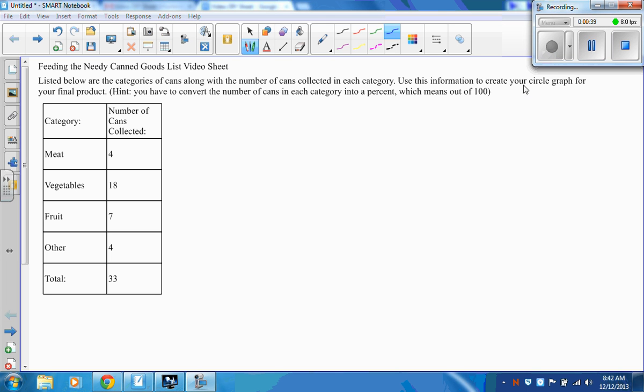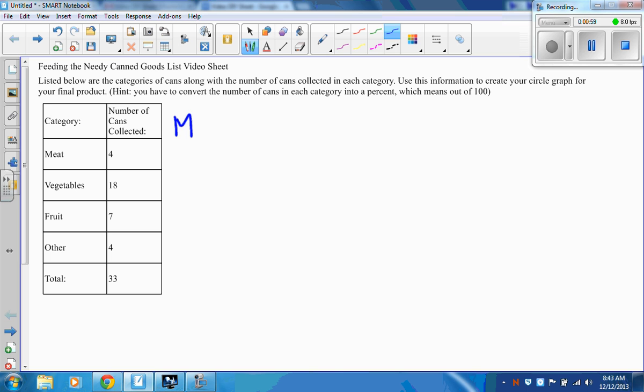In the example, we're going to say that we collected 4 cans of meat out of all of the total cans. So when you're finding the percent of how many cans 4 is, you have to think about setting up a proportion. So you're going to set up part to whole.